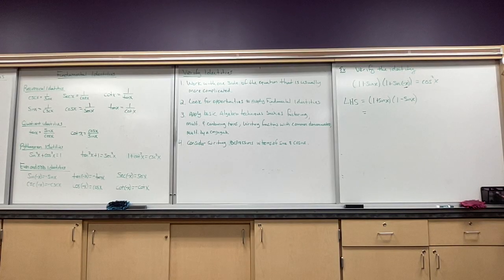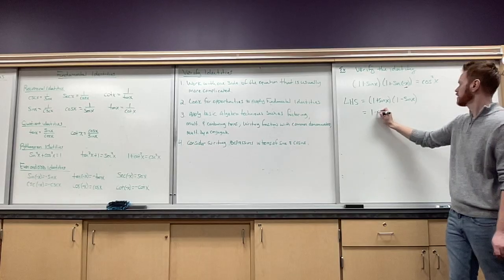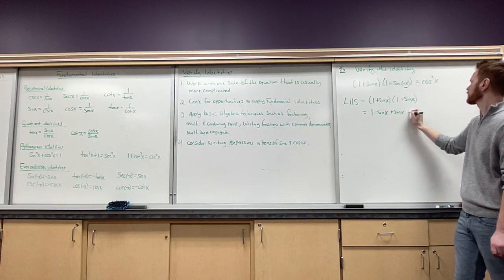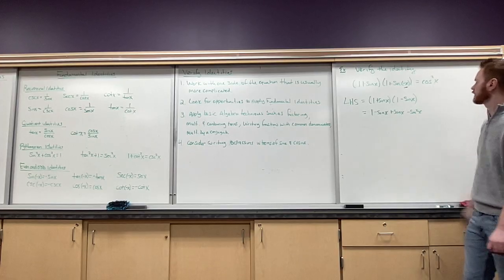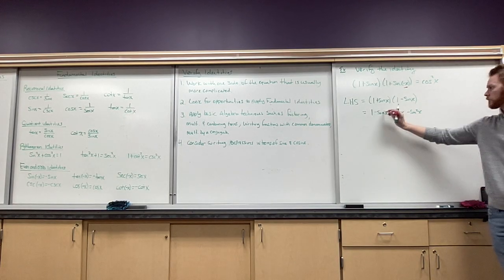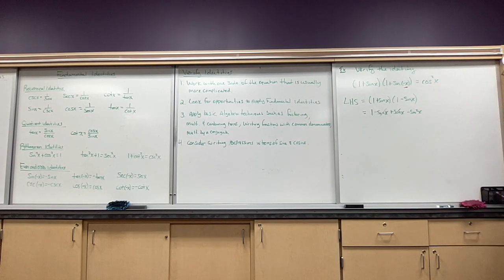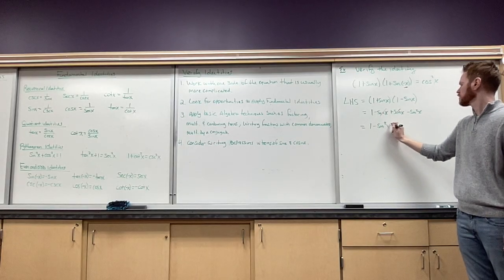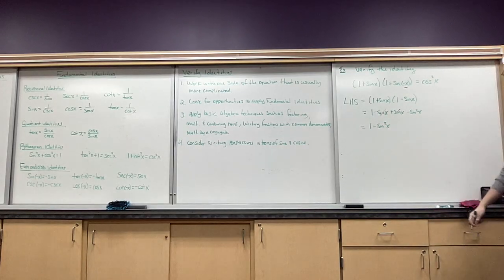Now I'm going to multiply those together, just like two binomials. So we get 1 minus sine of x plus sine of x minus sine squared of x. I can see some things canceling. That'd be this middle stuff. Those are gone. Okay, so I'm left with 1 minus sine squared of x.